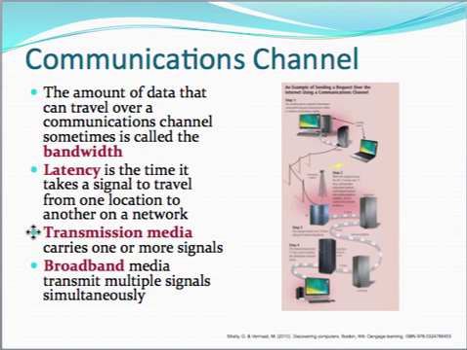Communication channel. The amount of data that can travel over a communication channel is sometimes called bandwidth. Latency is the time it takes a signal to travel from one location to another on a network. Transmission media carries one or more signals. Broadband media transmit multiple signals simultaneously.